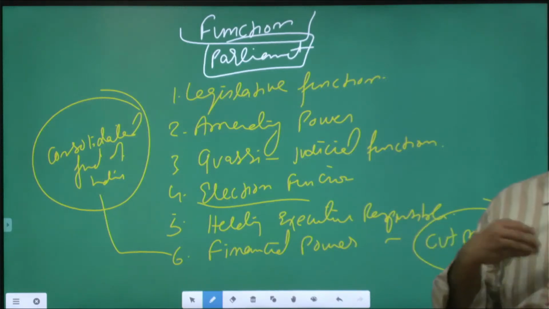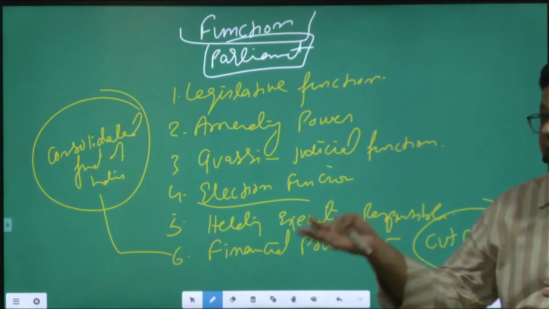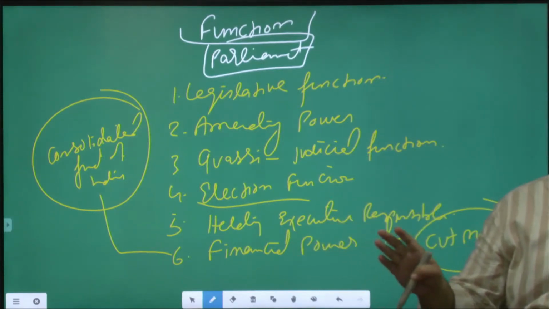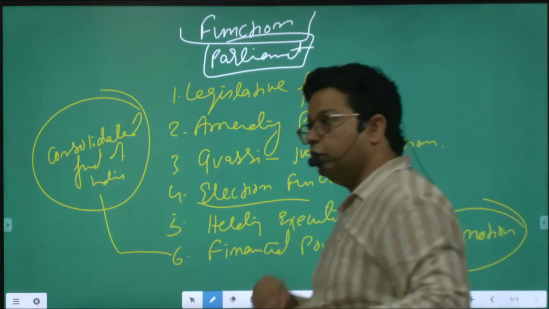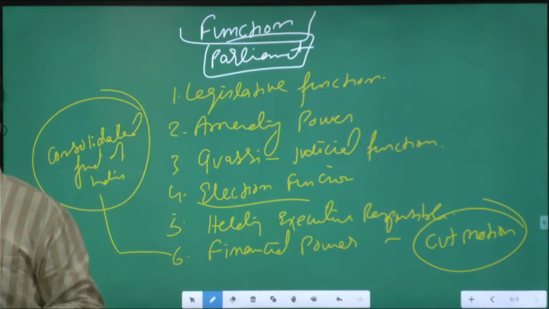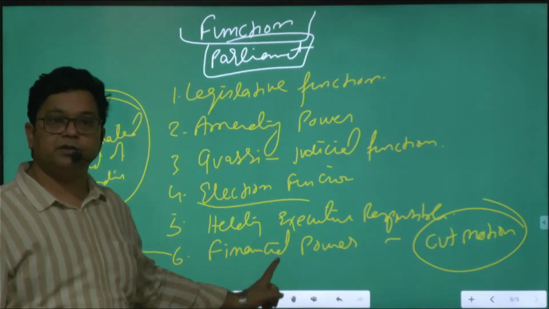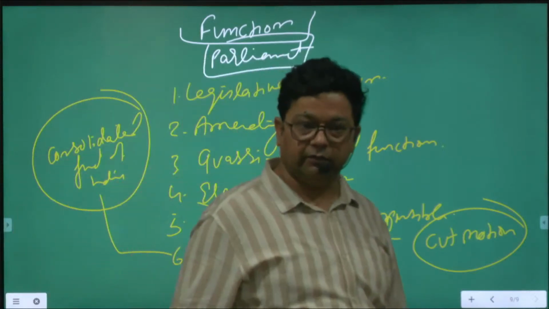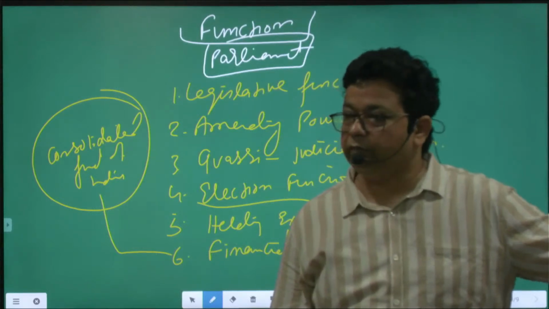Or individual or bilateral, like India-US trade, India-France trade, Qatar, recently they have been concluded. So whatever the treaty, whatever the international law is to be implemented in India, that has to be approved by the parliament first, then only it can be implemented. So it's a control of approving the action of the executive.